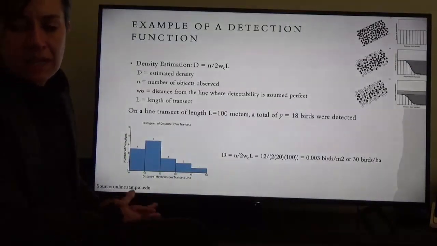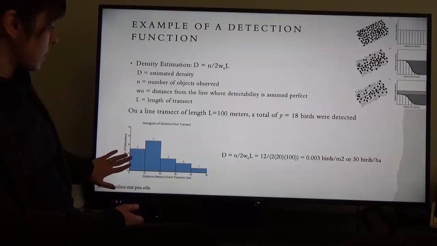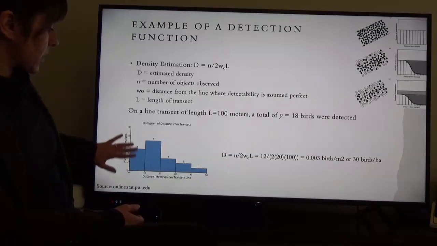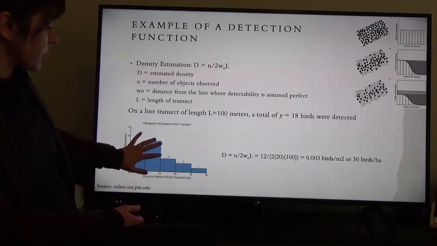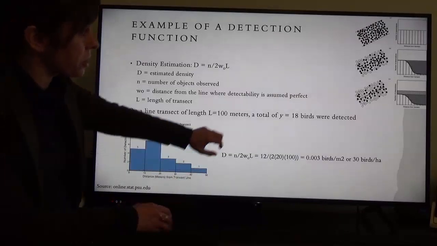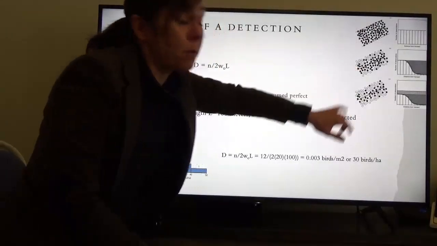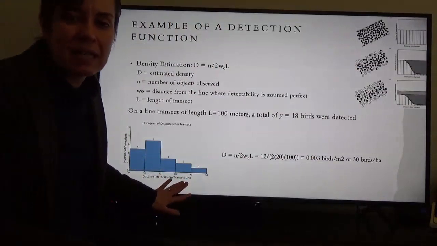Okay, so again, just an example of the detection function. Here we have a number of detections: 5 from 0 to 10 meters, 7 from 10 to 20 meters, and then it drops right down to 3 and down to 2 and down to 1 at those 10-meter intervals. So we're detecting them pretty well up to 20 meters, but not very well past that.